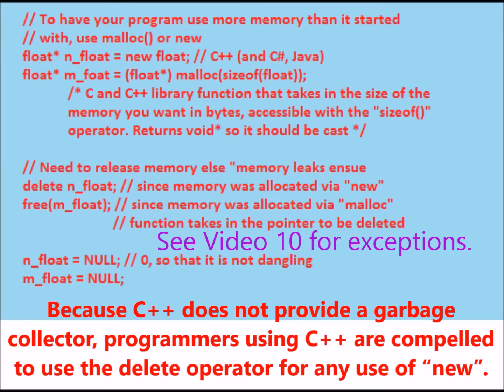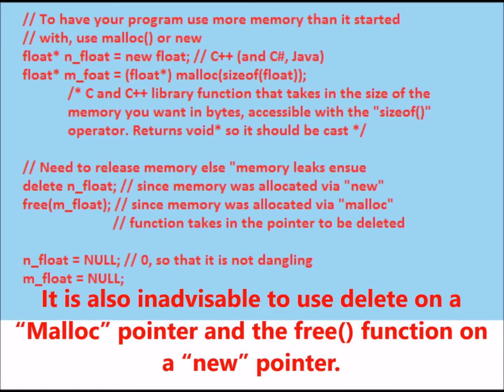Because C++ does not provide a garbage collector, programmers using C++ are compelled to use the delete operator for any use of new. It is also inadvisable to use delete on a malloc pointer and the free function on a new pointer.